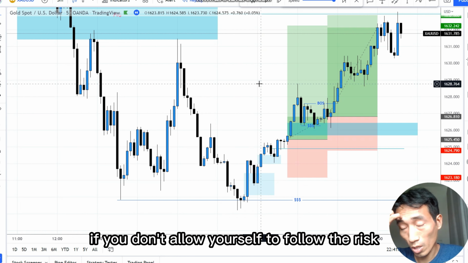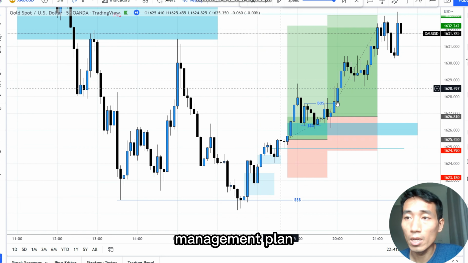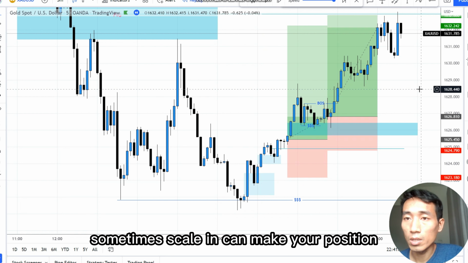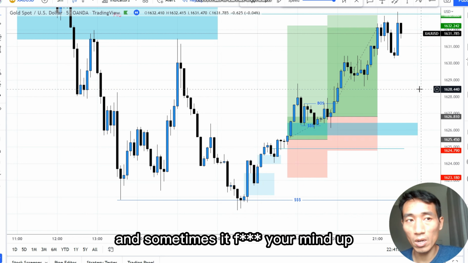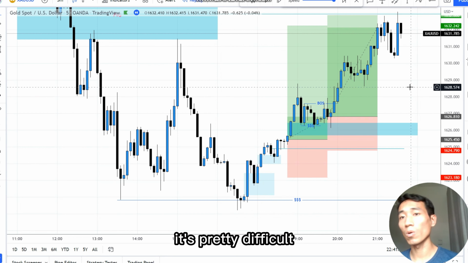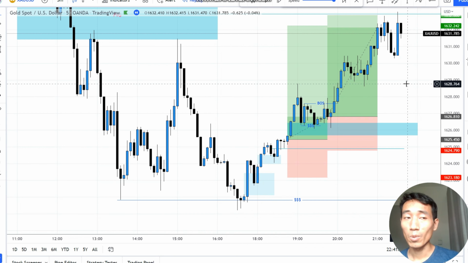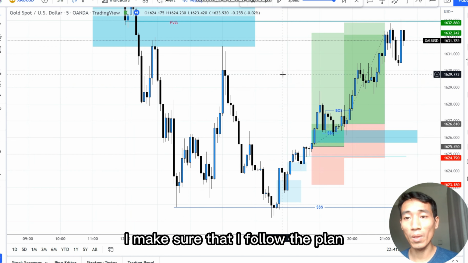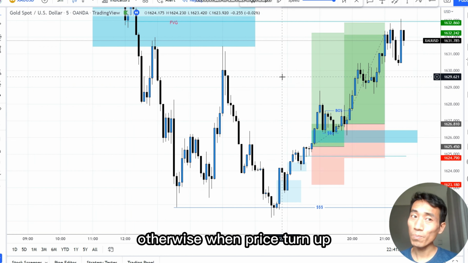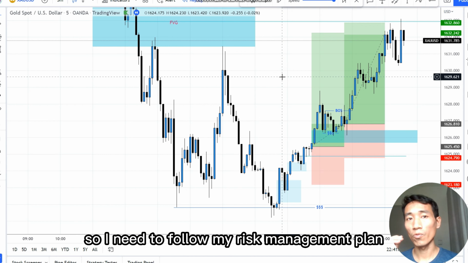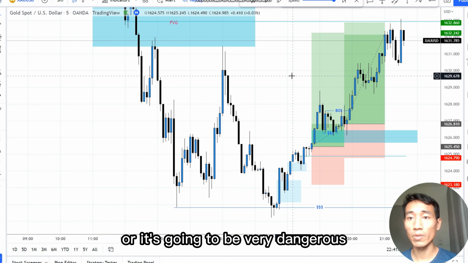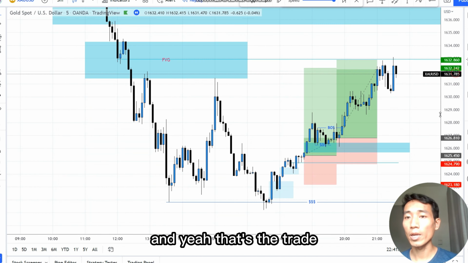If you don't allow yourself to follow the risk management plan, sometimes scaling can make your position larger than you expected, and more money is going to fluctuate. It's pretty difficult, and I don't usually scale. But when I do, I make sure that I follow the plan. Otherwise, when the price turns up, I make a lot of money, but when it turns down, I lose more than usual. So I need to follow my risk management plan, or it's going to be very dangerous. And yeah, that's the trick.